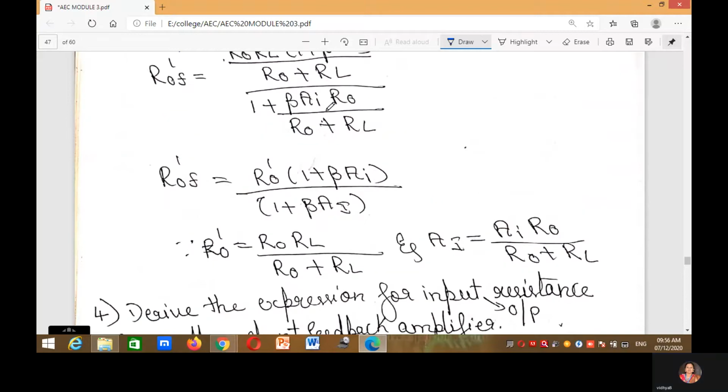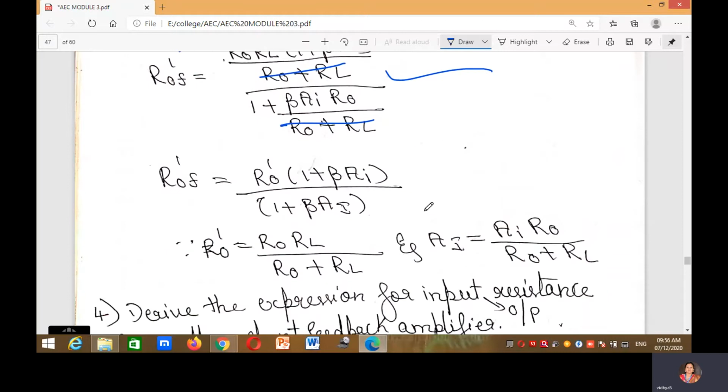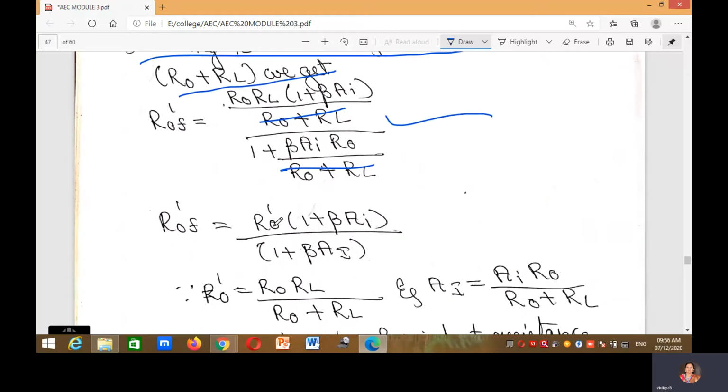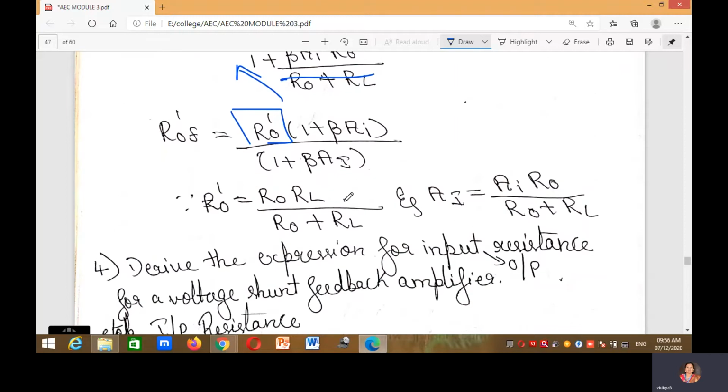If you solve this expression, this will get cancelled. So you will get R naught into RL times 1 plus beta into AI divided by R naught plus RL plus beta into AI into R naught, but we will take that as R naught dash here. R naught dash is nothing but R naught RL divided by R naught plus RL.